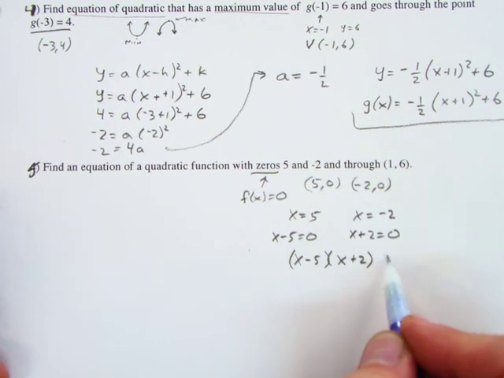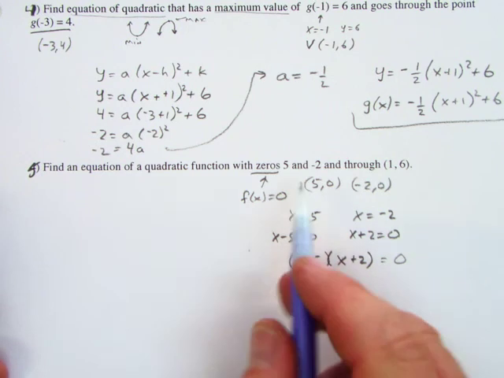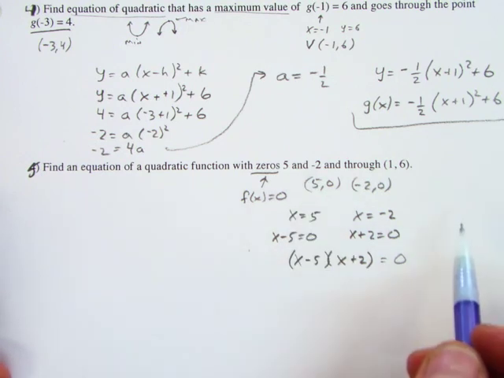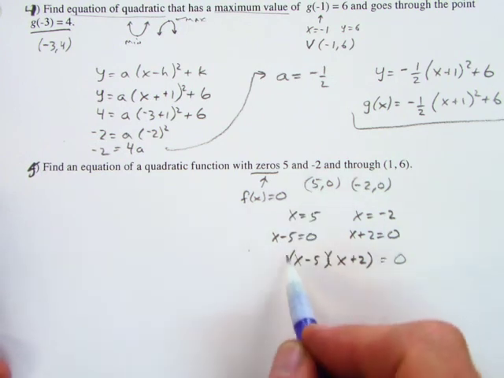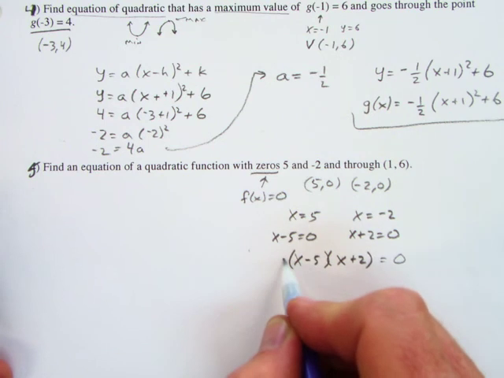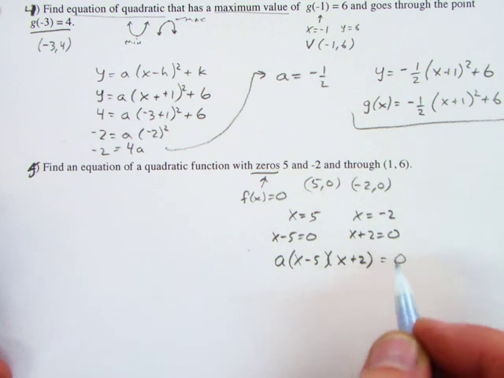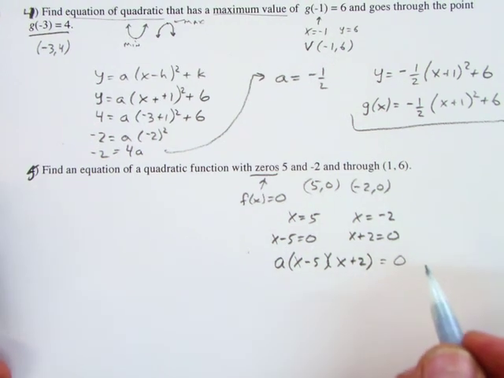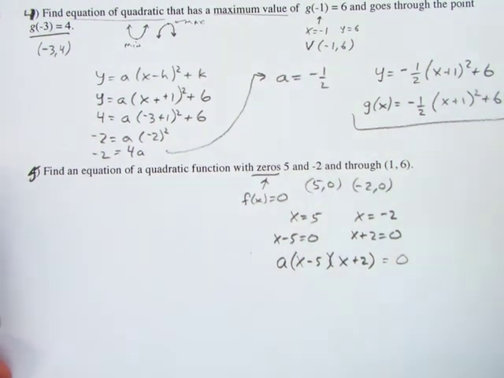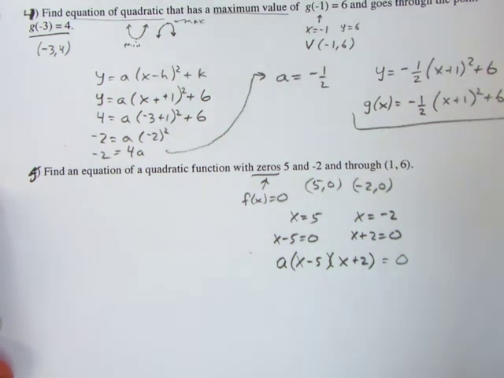If I had this equal to 0, then I could go through this process and I would get 5 and negative 2. But there could be a coefficient here. Do we know what that coefficient is? No. That's when we use a.